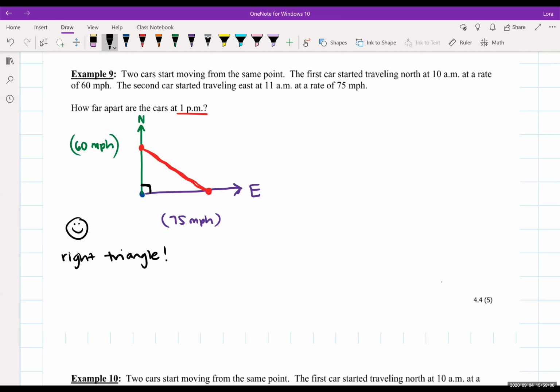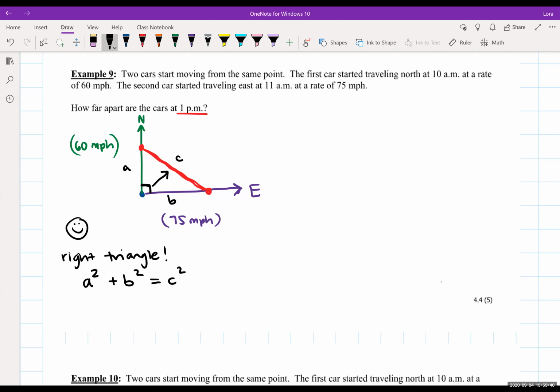If I label the sides A, B, and C, the Pythagorean theorem tells us that the sum of the squares of the legs, A squared plus B squared, equals the square of the hypotenuse, which in this case is C squared. I want you to recognize that the hypotenuse is always directly across from the right angle.